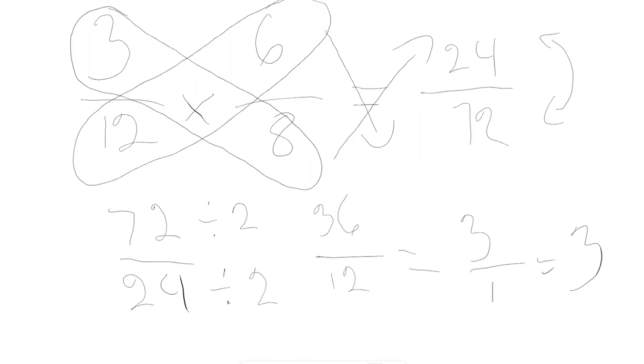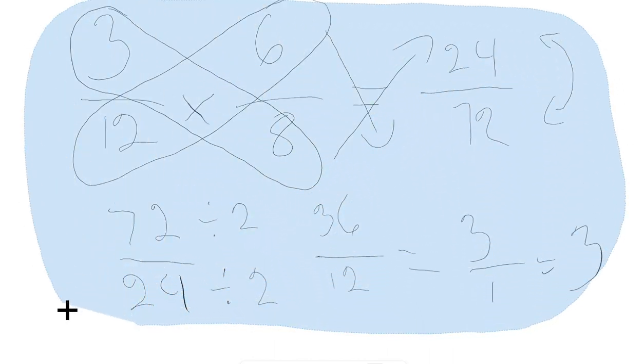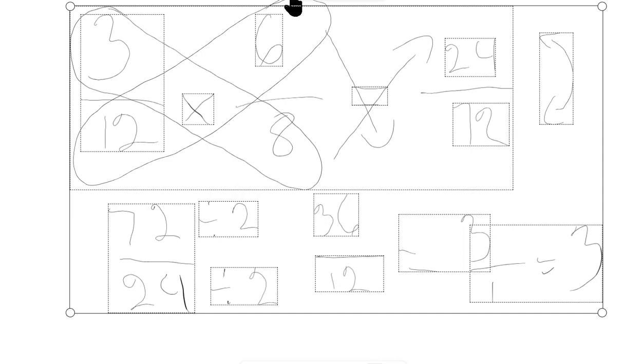Now, the reason why I showed you that is because when we're dividing, we are cross multiplying or flipping the problem. So let me give you an easy problem.